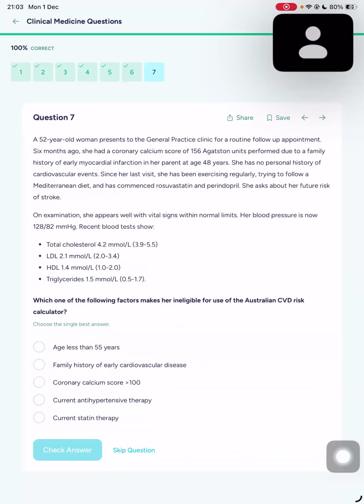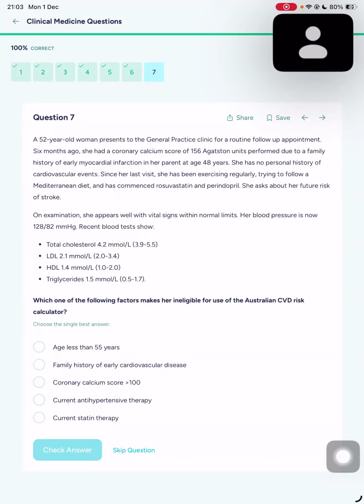Okay, so the next one is a 52-year-old woman who presents to the GP practice for a follow-up appointment. 52, woman. 6 months ago, she had a coronary calcium score of 156 Agatston units performed due to a family history of early MI in her parents at age 48.